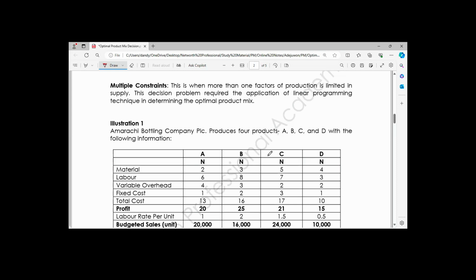But again, I've seen situations, in fact I've seen in some questions, whereby the examiner will give multiple constraints, and at the end of the day, only one of those factors of production is not sufficient. So at all times, whether it is linear programming or optimal product mix, it won't take you more than a minute or two to confirm the insufficiency in those resources, so that you don't just start solving, thinking that it's linear programming because you are given multiple constraints.